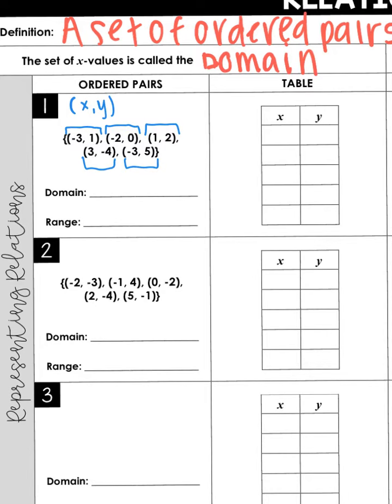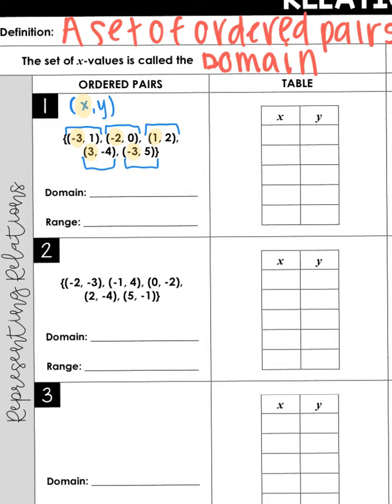And we're going to list the domain. And like I said, the domain is all of the X values. So our X's come first. So in each set of parentheses, the first number is going to be our X's, and that is our domain.